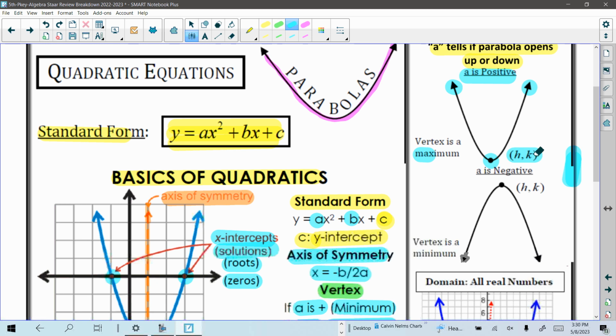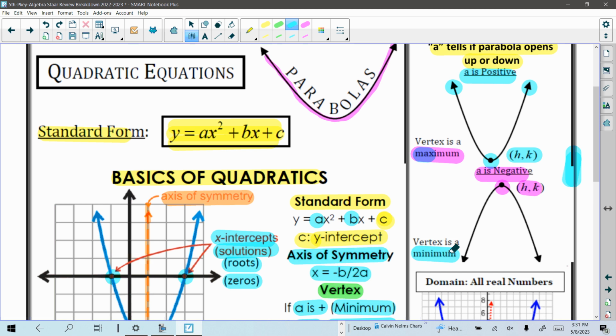This one's written backwards, sorry. They're showing you in vertex form that would be your h and your k. If your a is negative, that would mean the parabola is pointing down, and you would have a max here. These are kind of backwards.